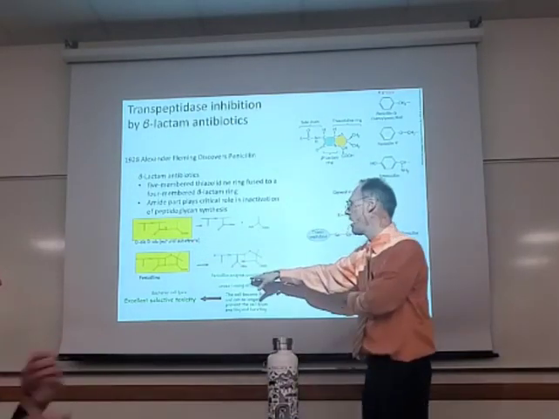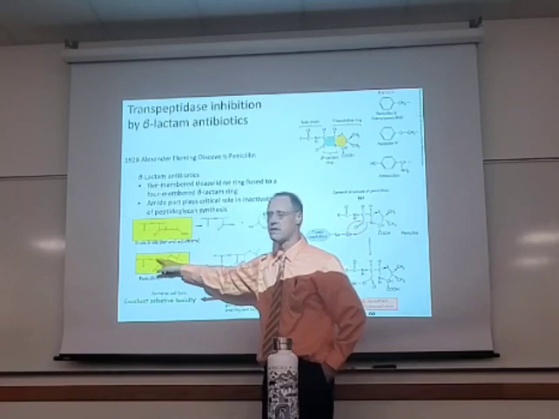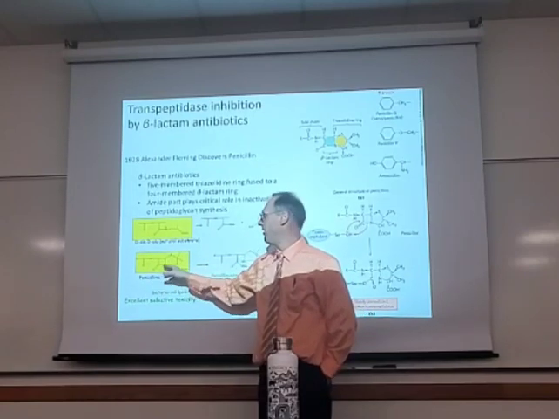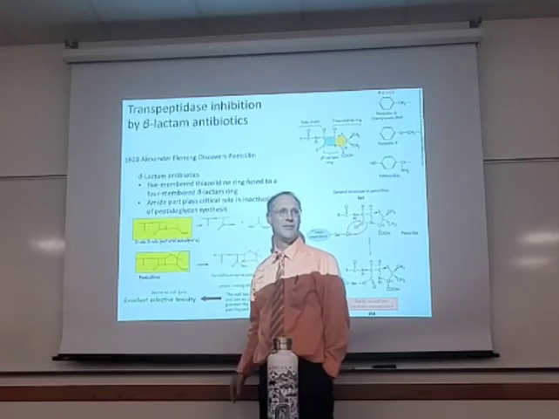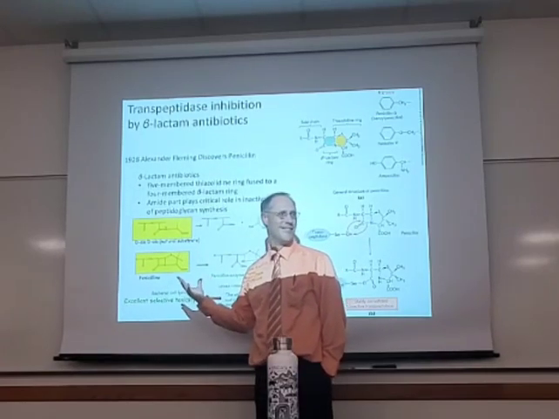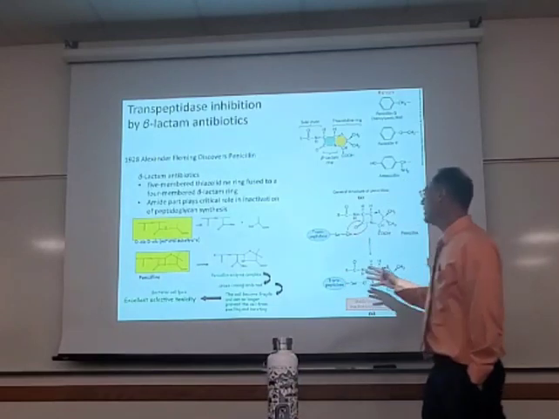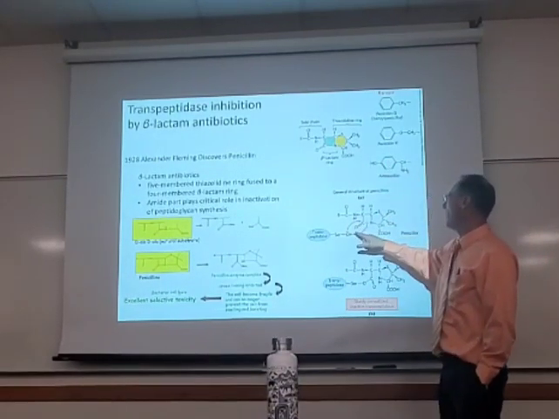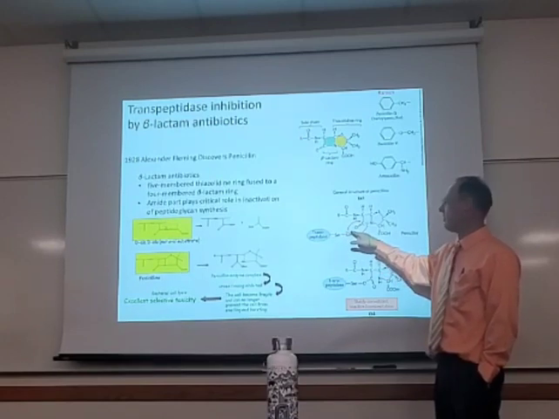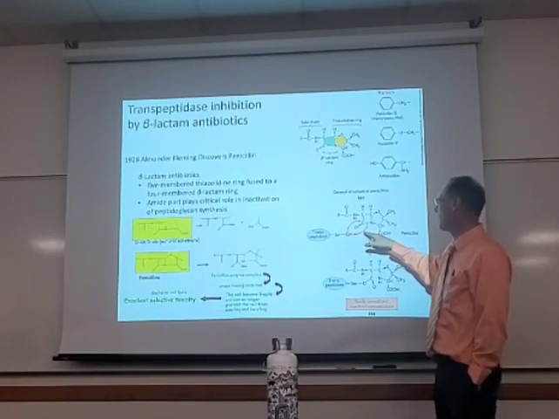D-alanine substrate looks a lot like what? Penicillin. This is the beta-lactam ring. Turns out that this looks like this. We confuse it with what we're looking at. So the enzyme itself comes in here with the beta-lactam ring, and the transpeptidase we just learned about, a serine protease, attacks.